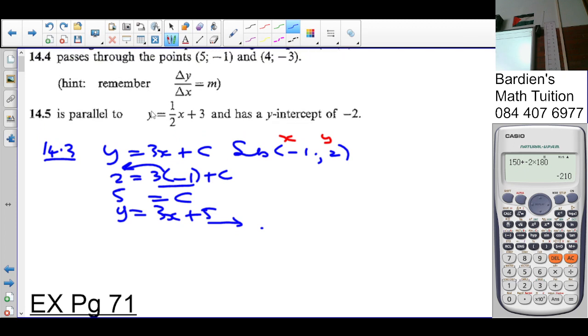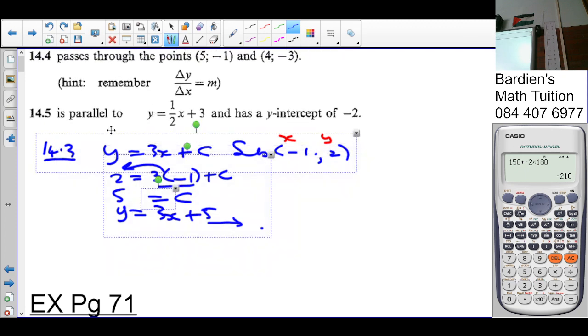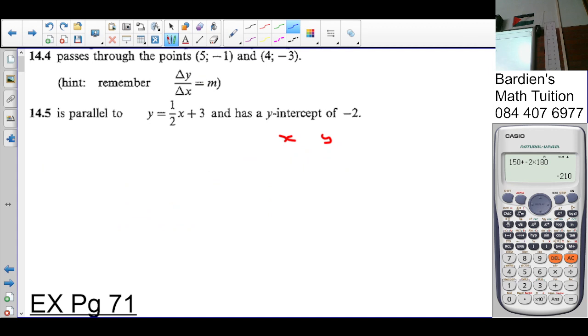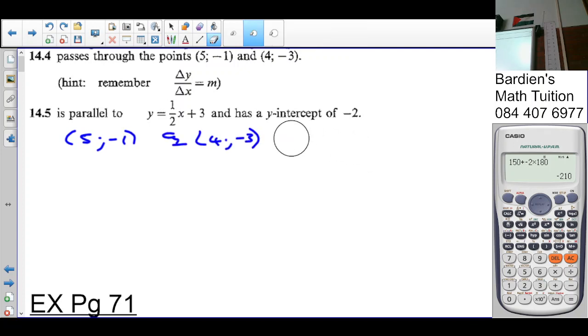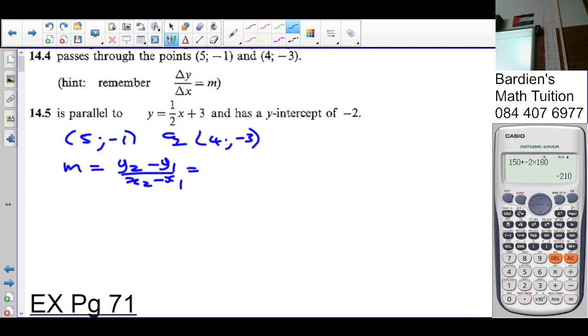14.4. It passes through the points negative 5 and negative 1 and 4 and negative 3. So again, remember, your gradient is the change in y over the change in x, y2 minus y1 over x2 minus x1. So this is x1, y1, x2, y2.